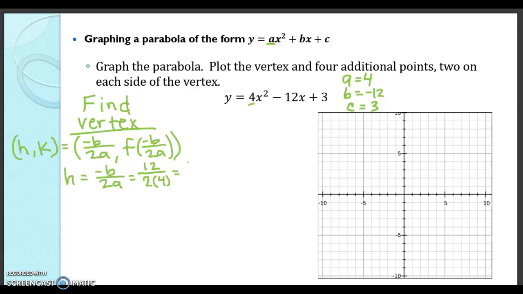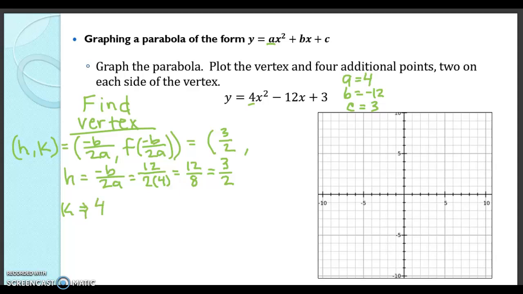So that ends up being 12 over 8, which, wait a second, that's not a whole number, but it's okay if it's not a whole number. This is 3/2. That's still an important value. So our x coordinate is 3/2.